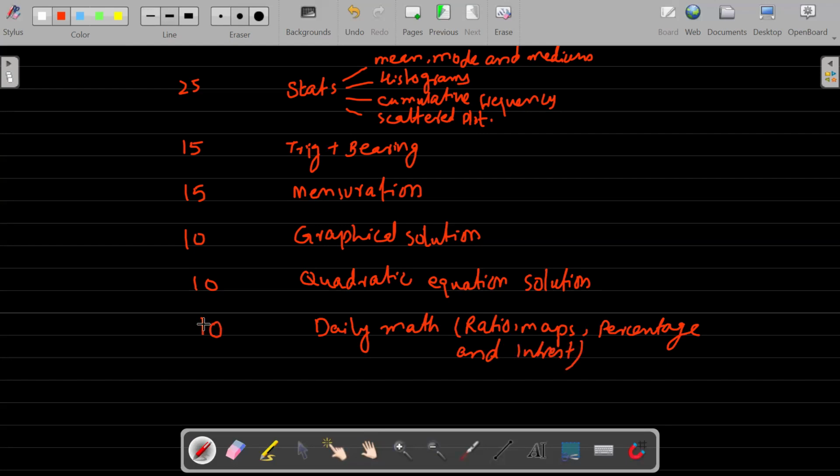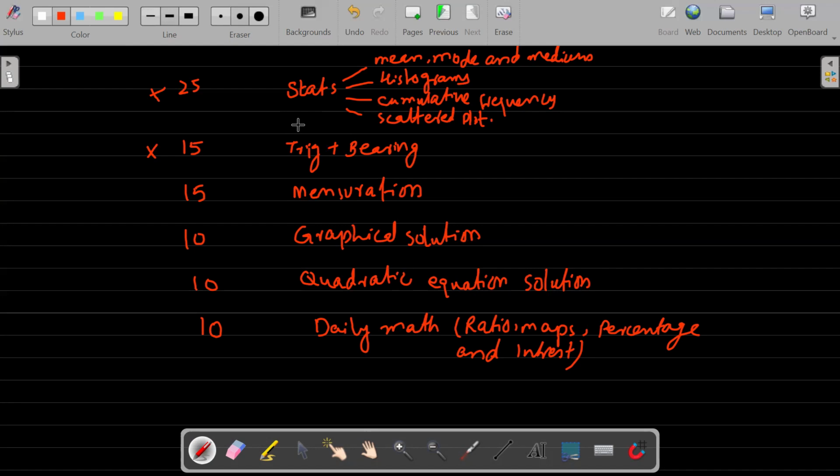The rest of the marks are covered by the other chapters. This shows that if a student leaves this portion, 25 marks are deducted. If a student leaves this portion, 15 marks are deducted, or this portion is weak. There is a strategy to gain marks: you need to focus first on those chapters which carry more weightage.